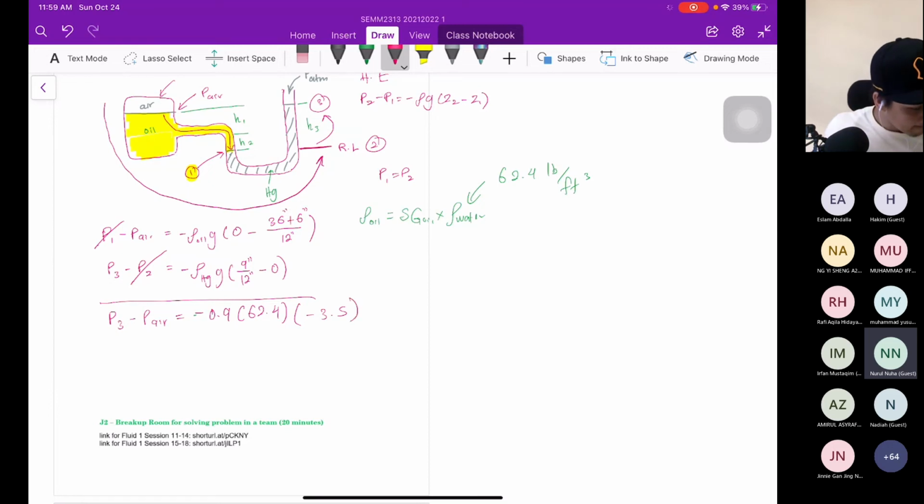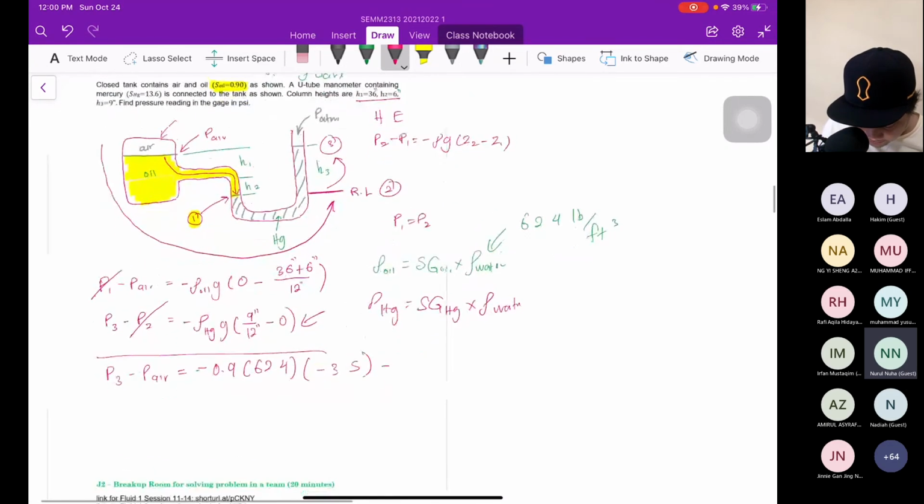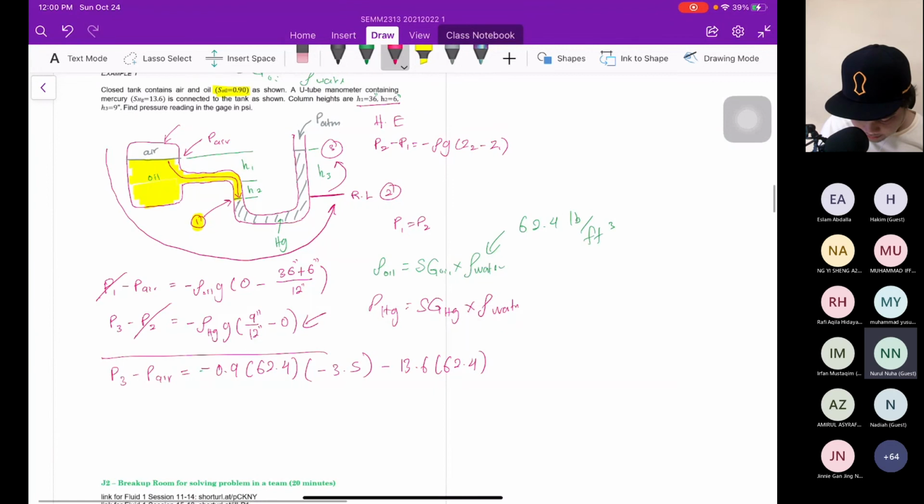Then minus the rho of mercury term, which is the specific gravity of mercury multiplied by the density of water. The specific gravity of mercury is given already, 13.6, multiplied by 62.4, the density of water.